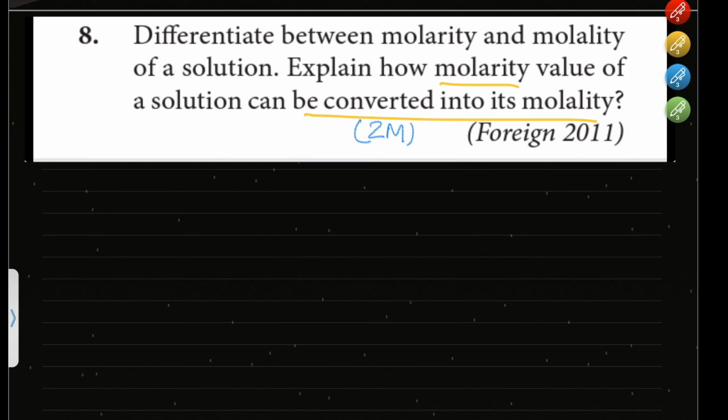Differentiate between the molarity and molality: you can copy from the above or previous question. Here we can see the second half of the question is how the molarity value of the solution can be converted to the molality.